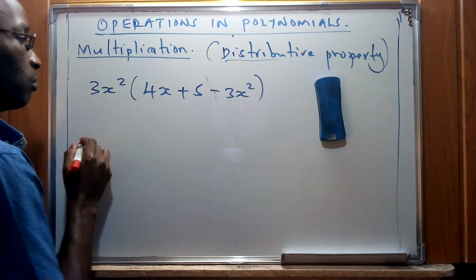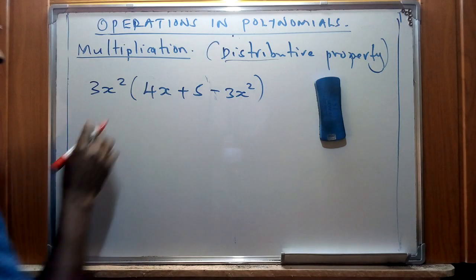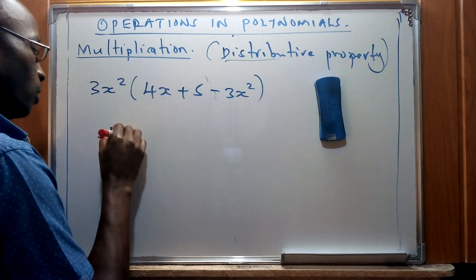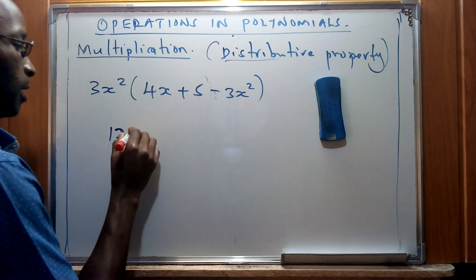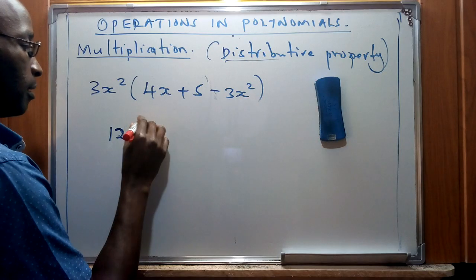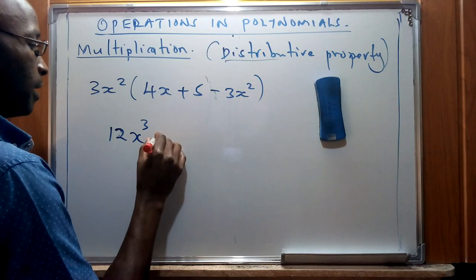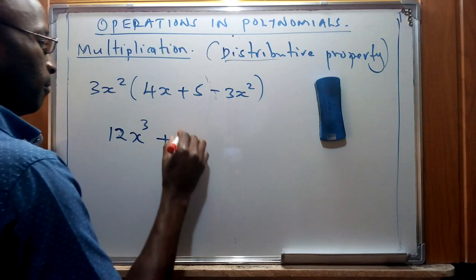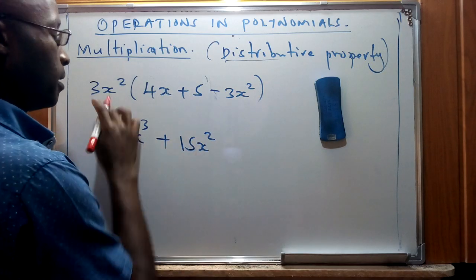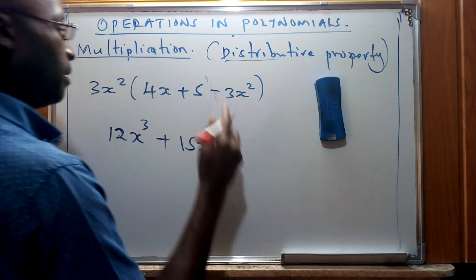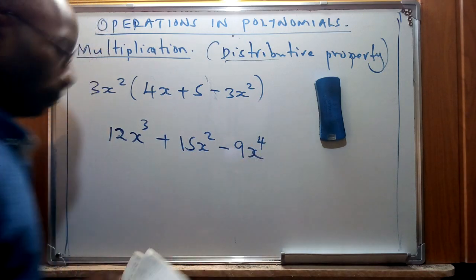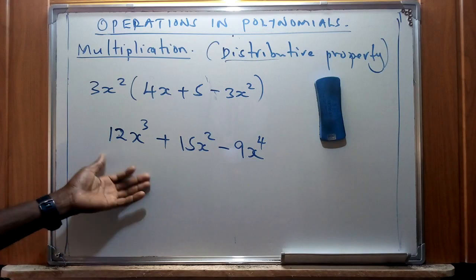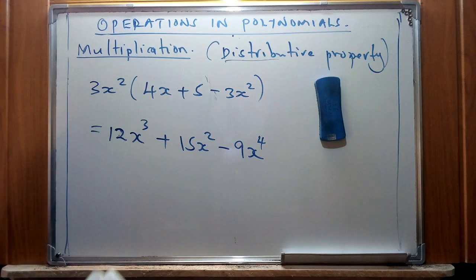So the first term is going to be the product of these two, where we multiply the respective numerical coefficients, which is going to give us 12, and then the x is going to give us x cubed, plus 15x squared, and then minus 9x to the power 4. So that is going to be the product that we obtain after applying the distributive rule.